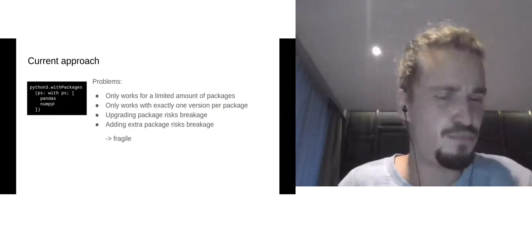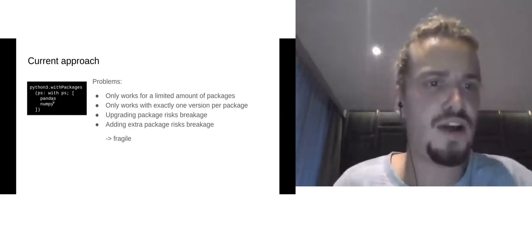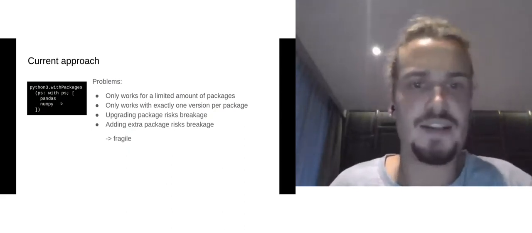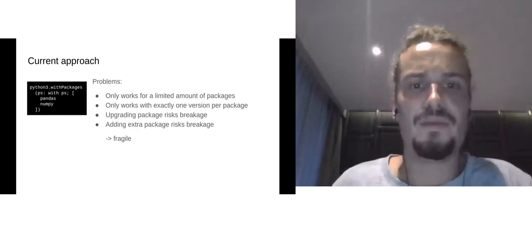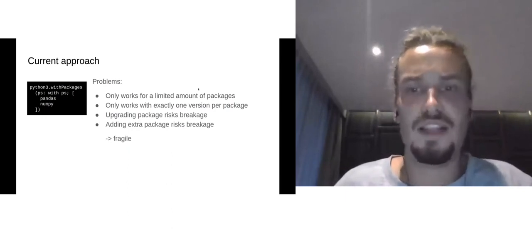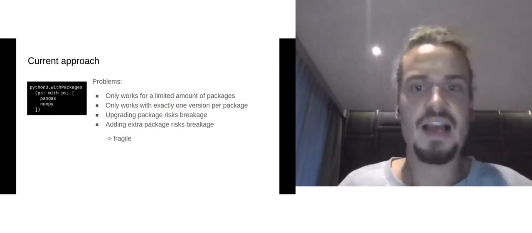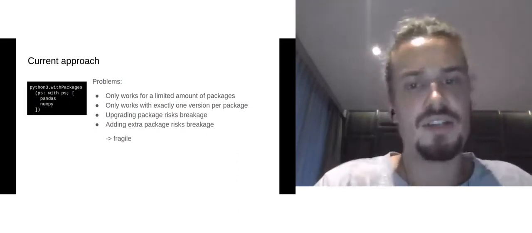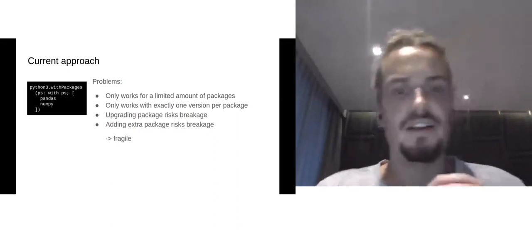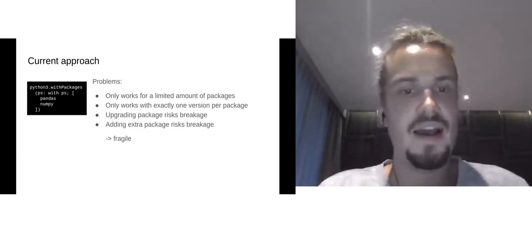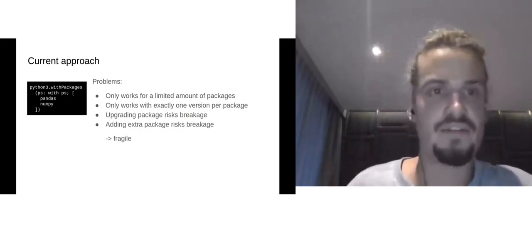It looks pretty similar to what we've seen in the requirements text, but in practice, it's quite different. The problem is it only works for a limited amount of packages, and it only works for exactly one version of each package. If you upgrade any package, you risk massive breakages, and in general it's very, very fragile.